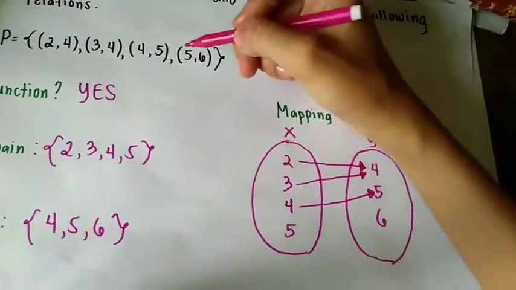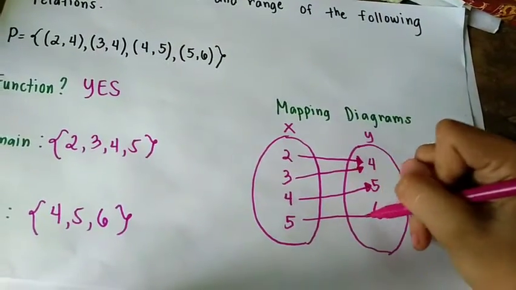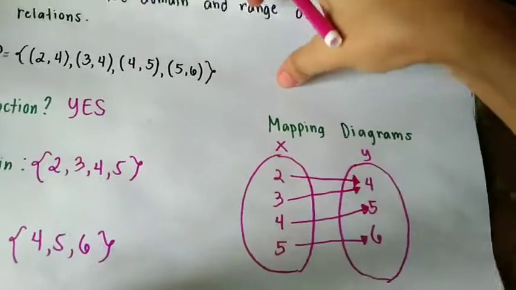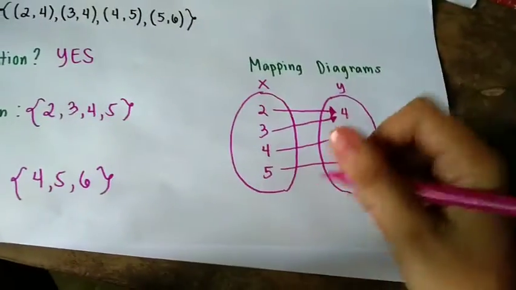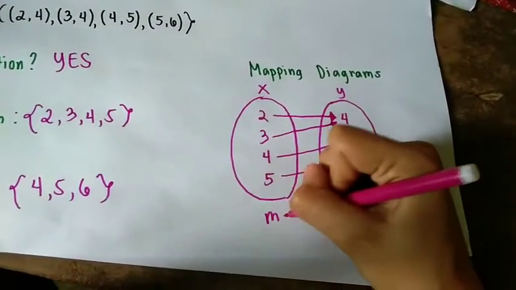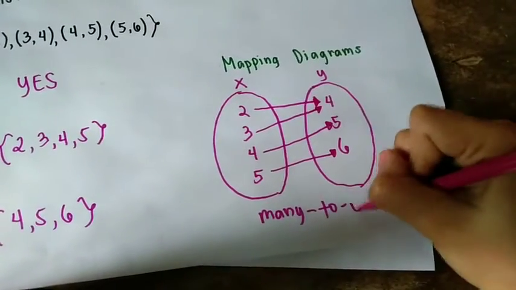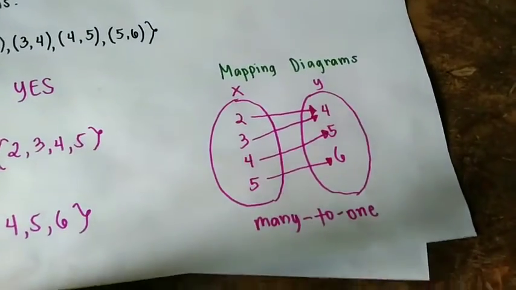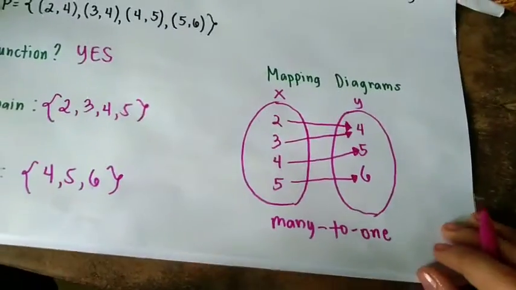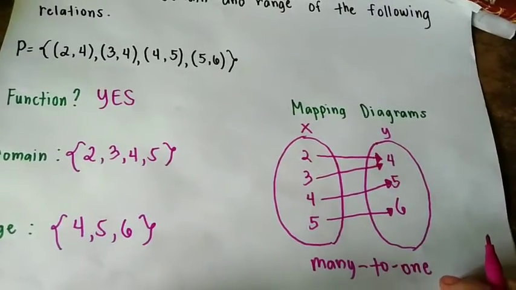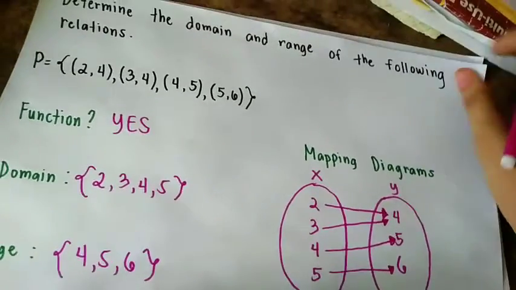Then last, 5 and 6. So this diagram is many to one. Many to one. Therefore, kapag many to one, it is a function.